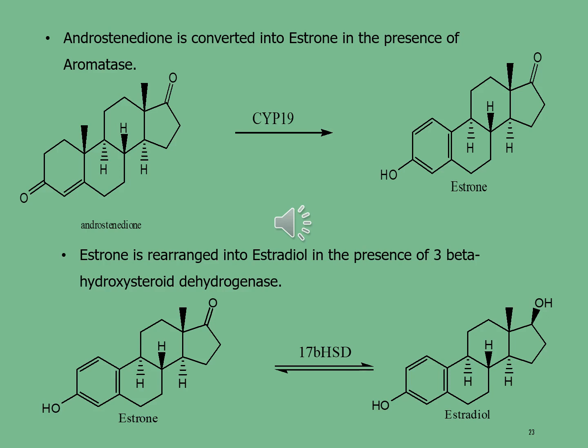In estradiol, there is a presence of 2 hydroxyl groups. As the name implies, diol, one hydroxyl group is present at carbon 3 position and the other is present at carbon 17 position. In this way, the estradiol is synthesized by using this reaction scheme.